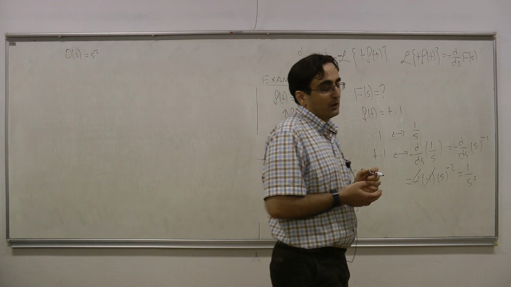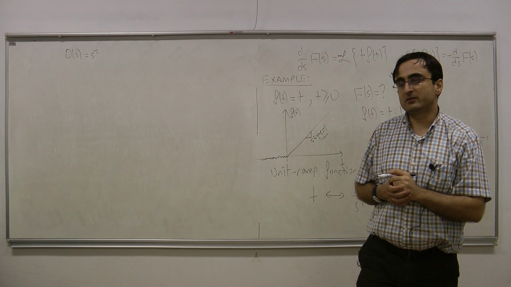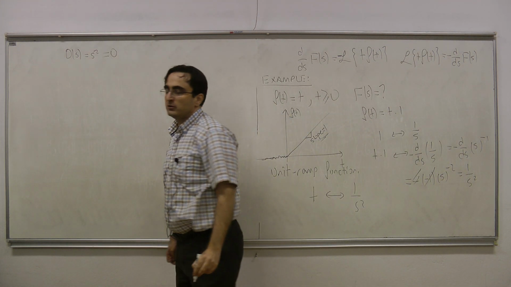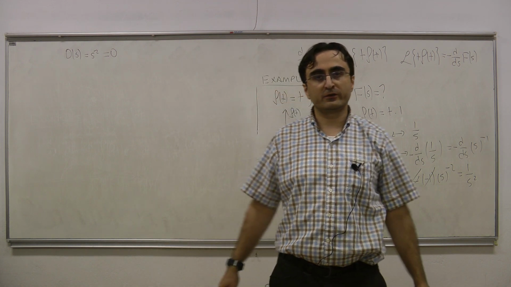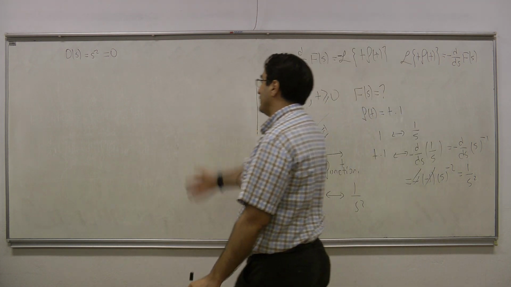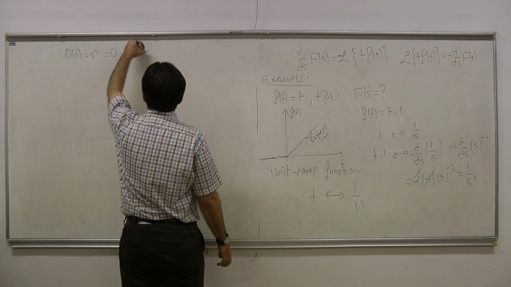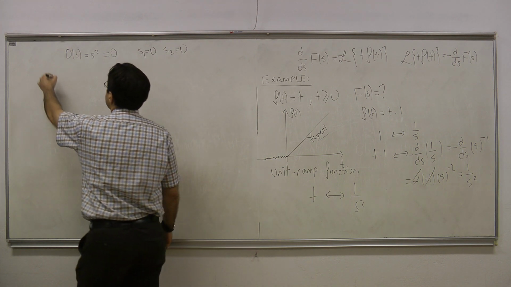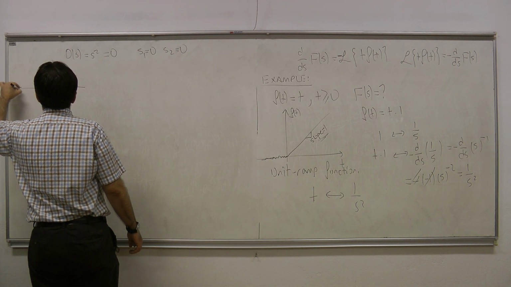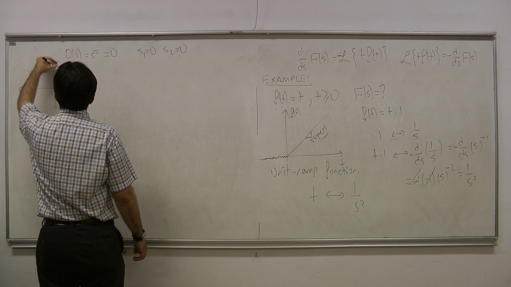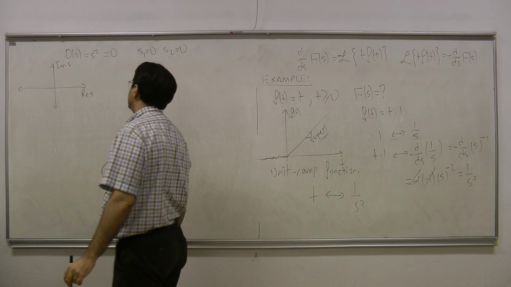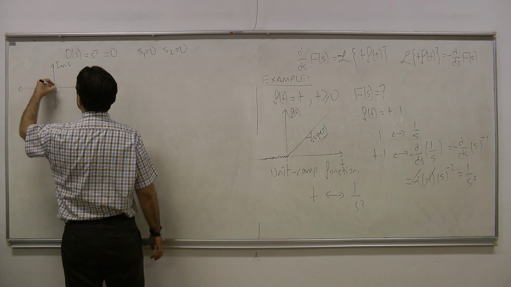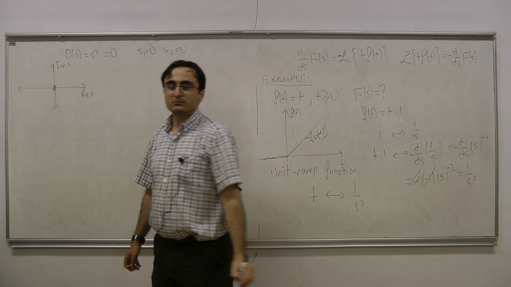That means that we need to have 2 poles again. Where are these 2 poles? They are the 2 solutions of this equation, and they are at the same position: s1 is equal to 0, s2 is equal to 0. Therefore, if I draw the pole-zero plot for this Laplace transformation, I'm going to have double poles at the origin.